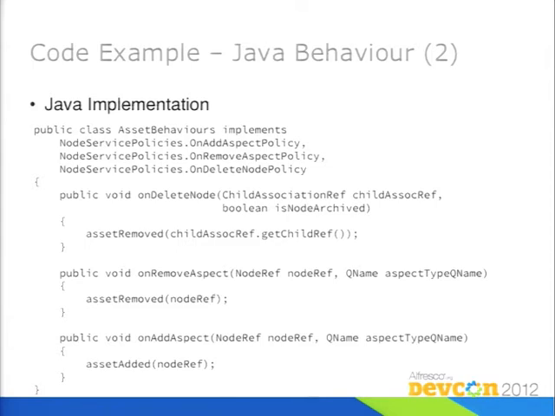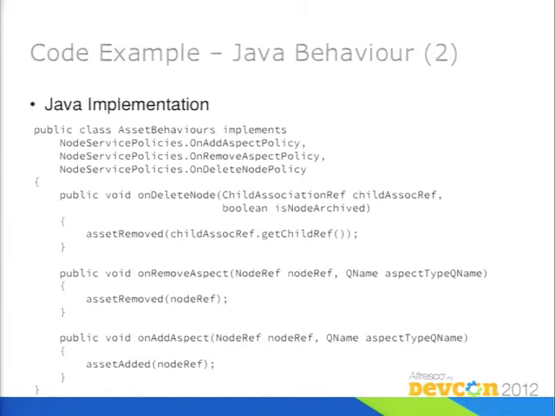Like on create node, do you have any methods for on create node? So any behavior to trigger on creation of a node? Yes. On node created: if you create a node via the node service, on create node will be fired.